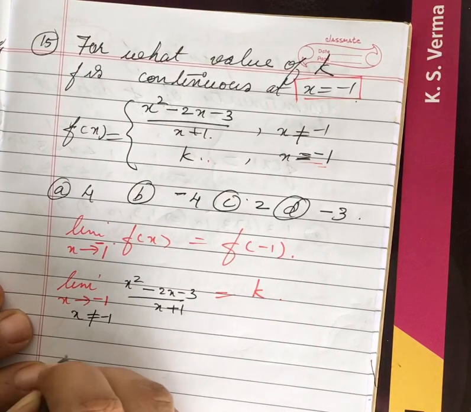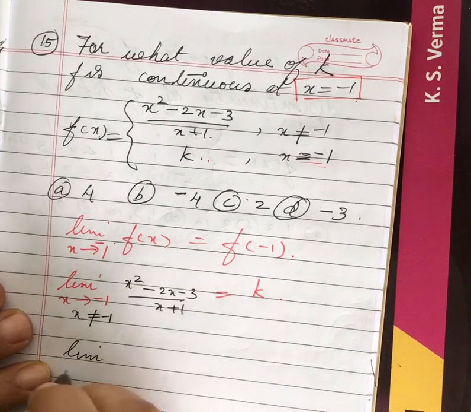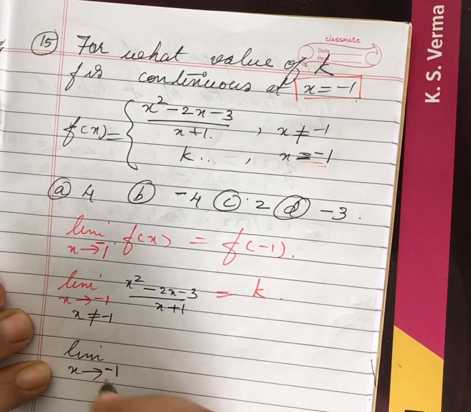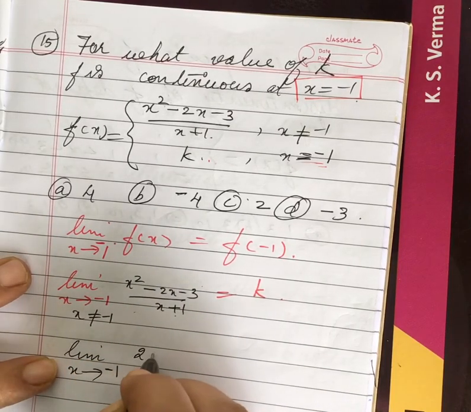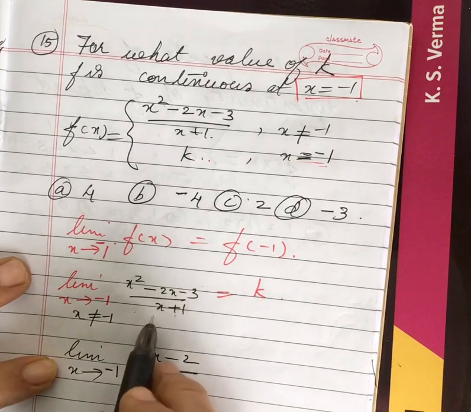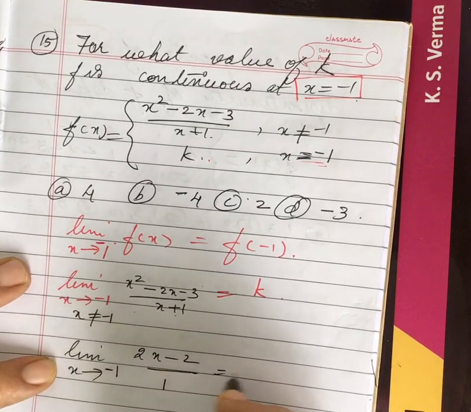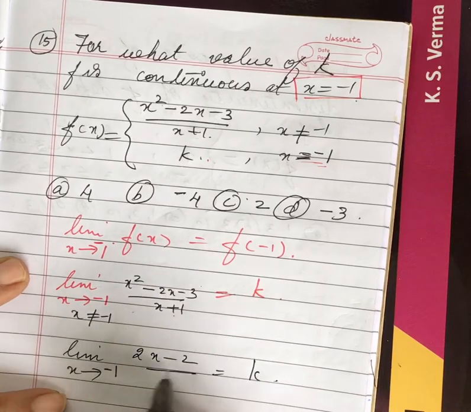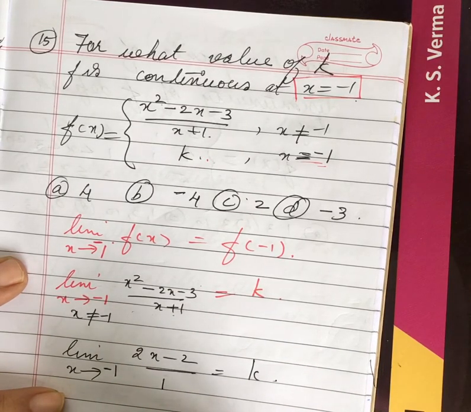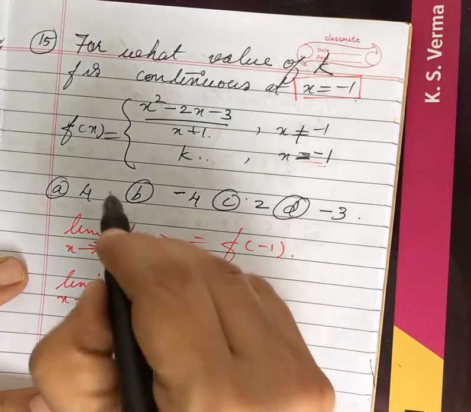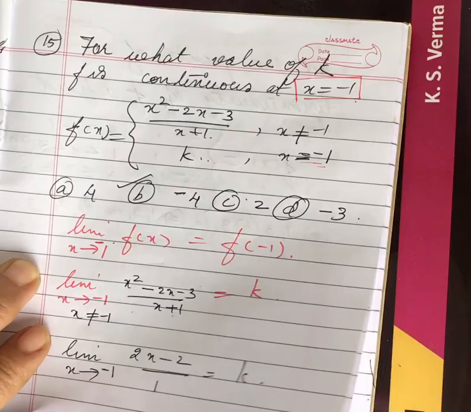Immediately you apply the L'Hopital rule. X tends to minus 1, derivative of the numerator by derivative of the denominator. So it is 2x minus 2 by the derivative of x plus 1, which is 1, equal to k. Now to get the limit, you put x equal to minus 1. So we get minus 4 by 1 equal to k, or k equal to minus 4. So k equal to minus 4 is the answer.